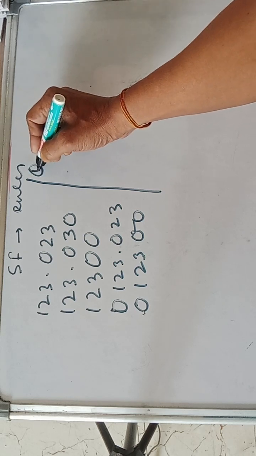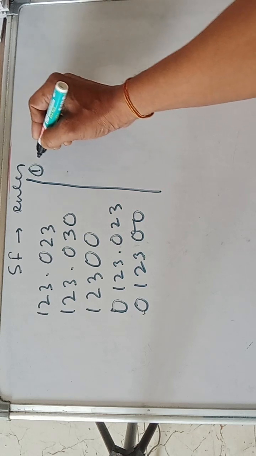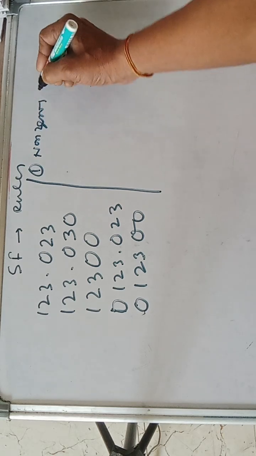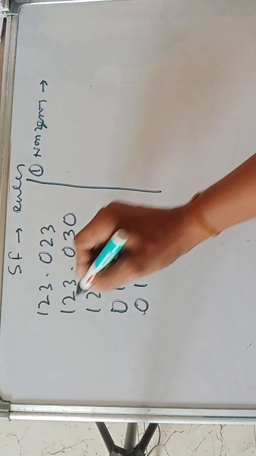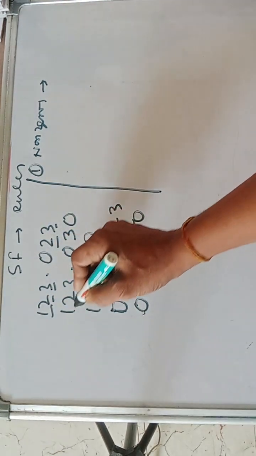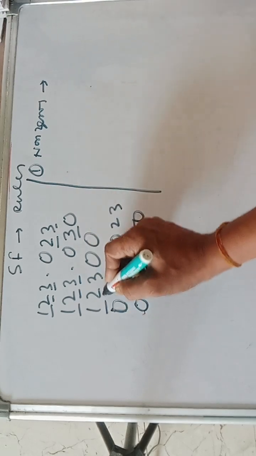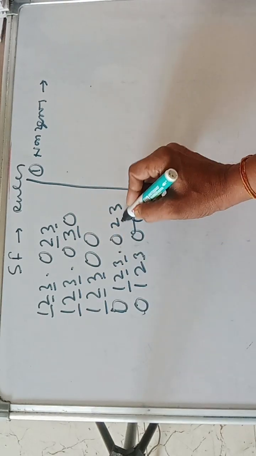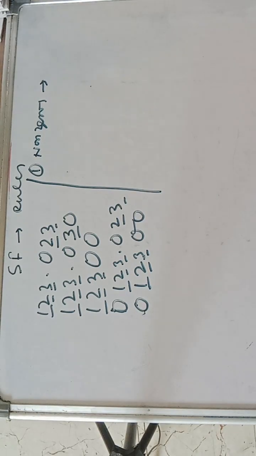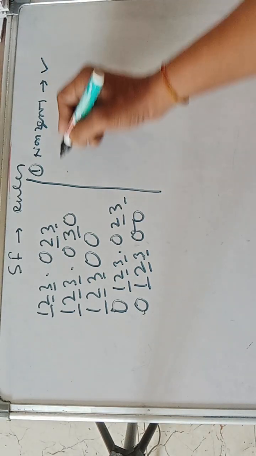First, we have four rules. The first rule says all non-zeros will be significant digits. In all these numbers, all these non-zeros will be significant digits.